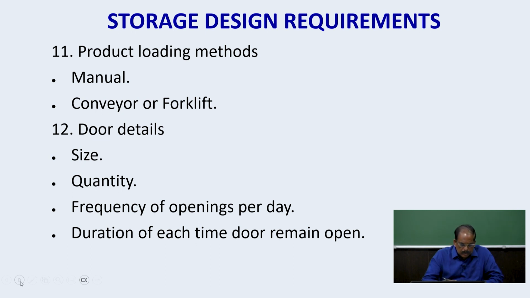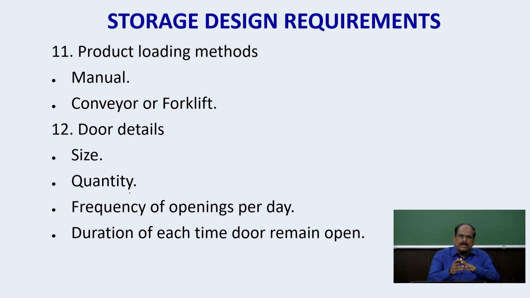Then the details of the door. What is the size of the door? That is the dimension of the door. Quantity. Frequency of the door openings per day. How many times the cold room door is opened and closed? What is the frequency? And how long it is kept open until it is closed.